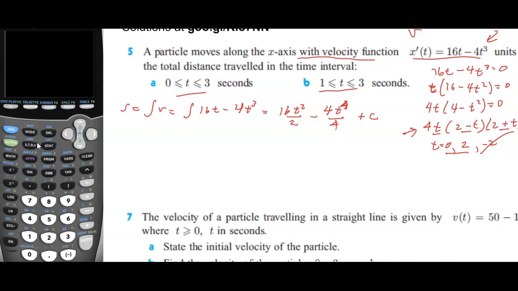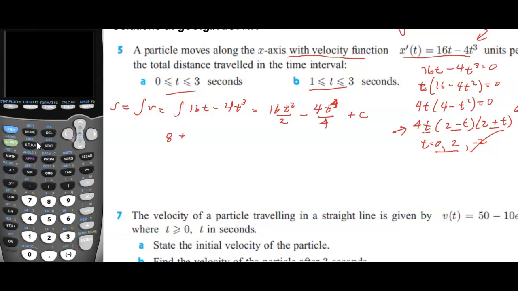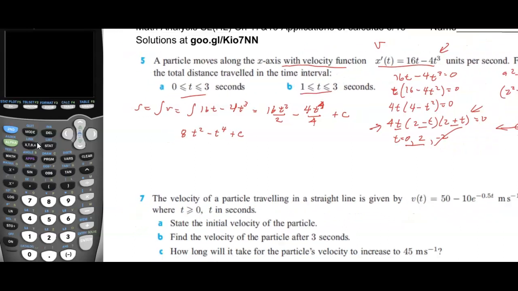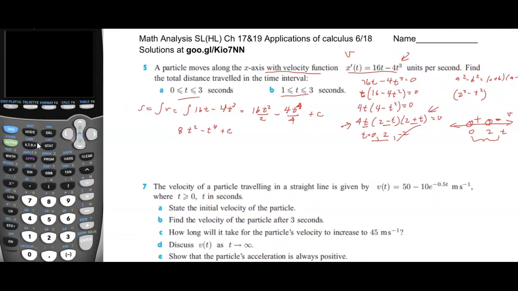So we have a displacement function. I'm just going to simplify it a little bit: 8t squared minus t to the fourth plus c. And then I'm going to find out what c is. Well, they don't tell us what the value for c is. So for now, let's just use as a reference point that it starts at 0.